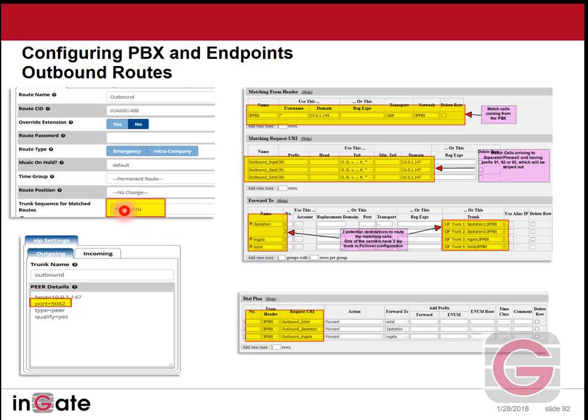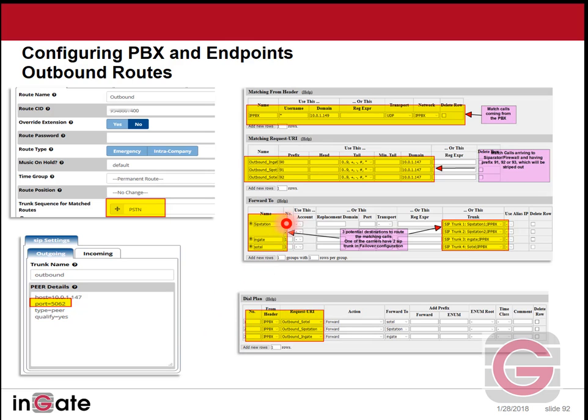This trunk has an outgoing SIP configuration pointing to port 5062 on the Ingate. So any call coming to the Ingate will land on the dial plan, and the dial plan is the one that is going to take the decision how to route the call, as we explained in the previous session.